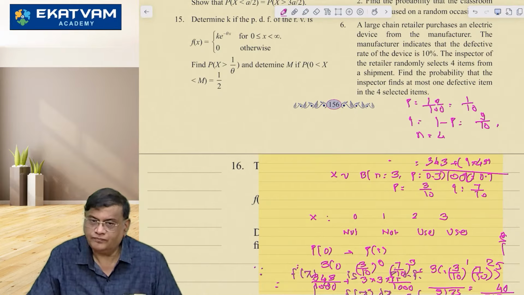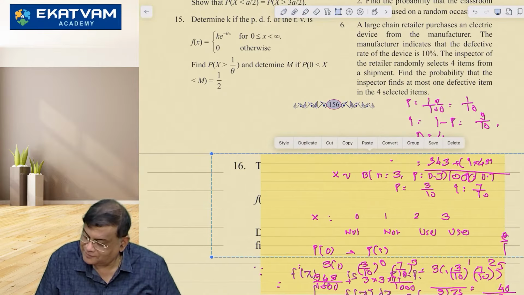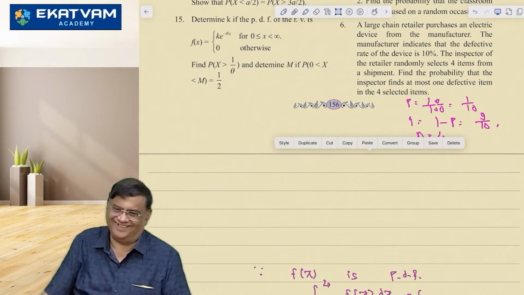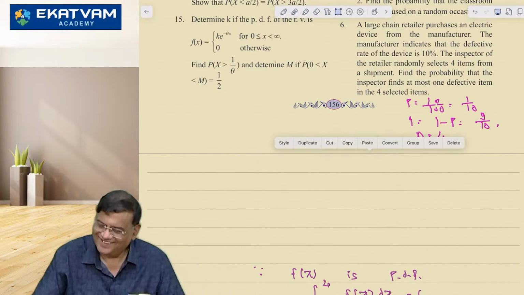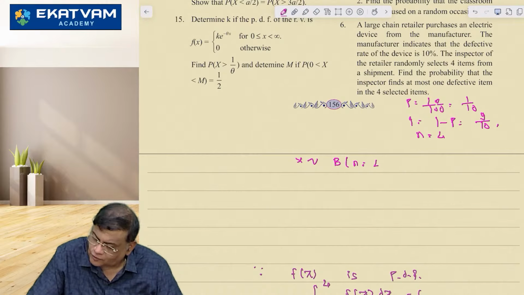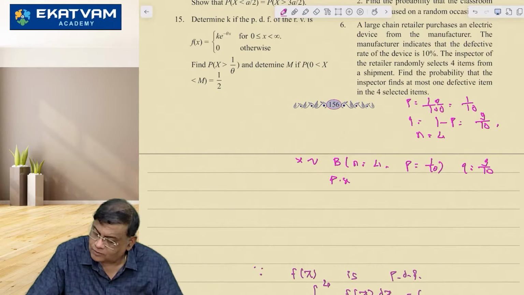Understood? But of them 10% are defective. Therefore X follows binomial with N is 4, P is 1 by 10, Q is 9 by 10. Write the PMF.